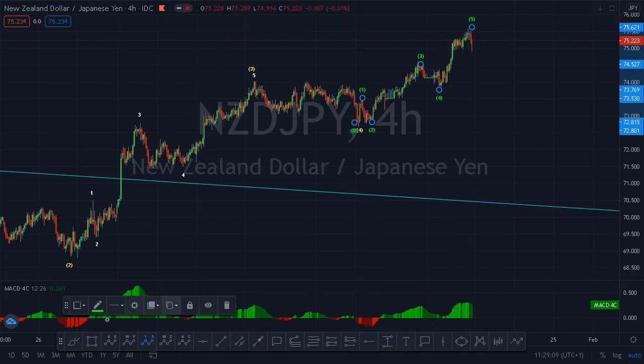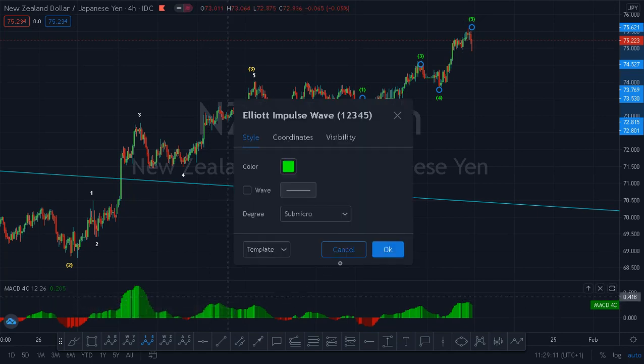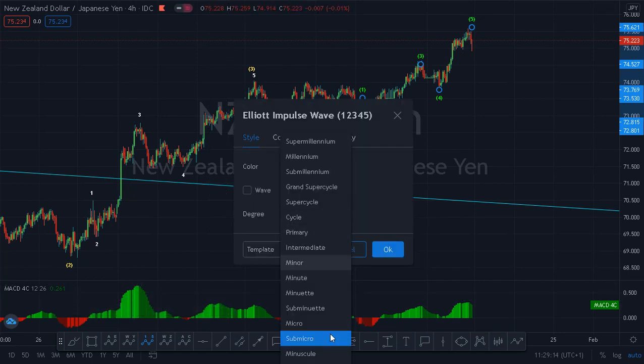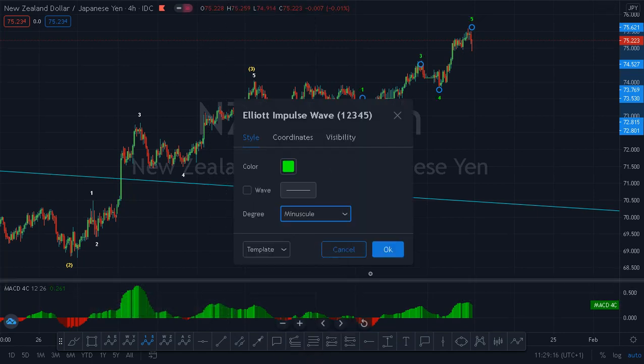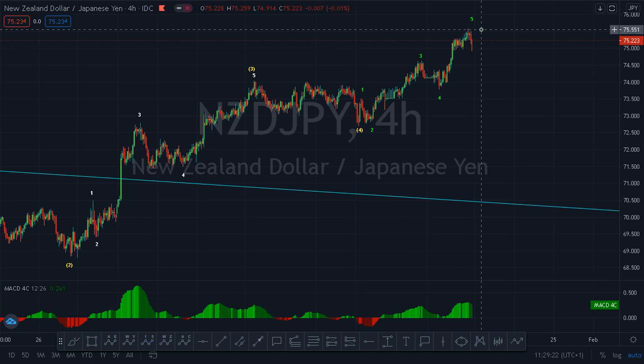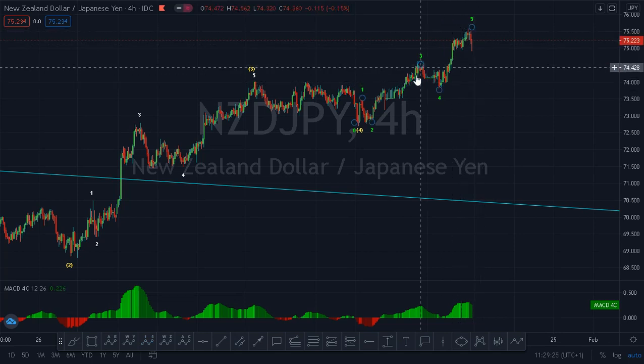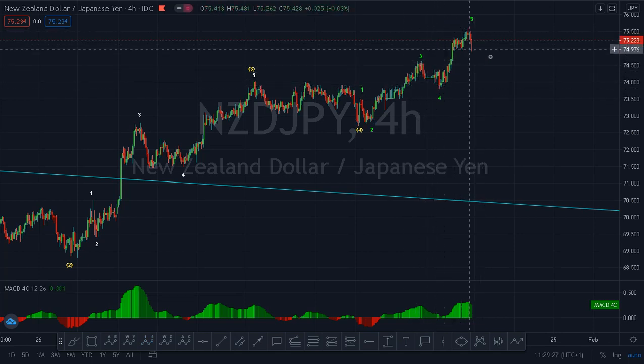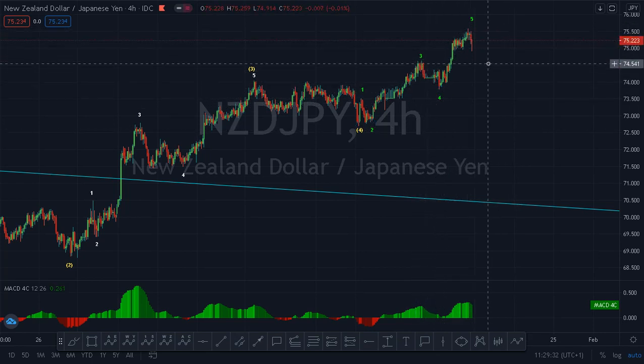But it is so squeezed, no gap anywhere. So this wave 5 can be wave 3. All this can be part of wave 3. But as price keeps going up, we will know the next thing to do.